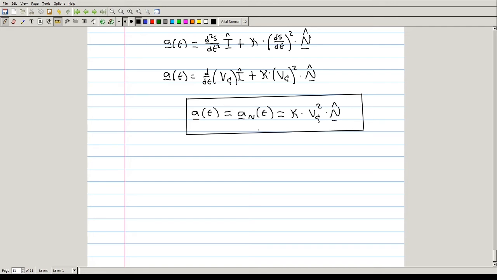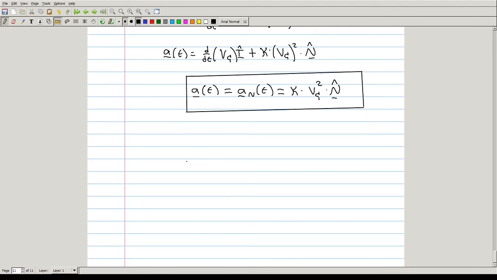And we can actually use this to define the following. So this may seem a little bit confusing, but in reality it makes a lot of sense.